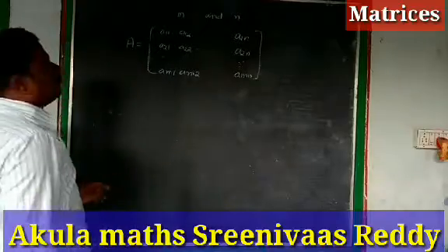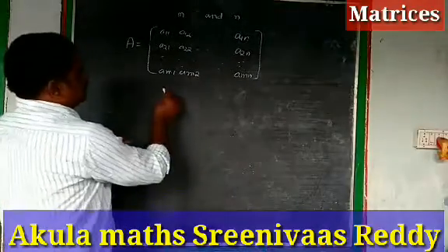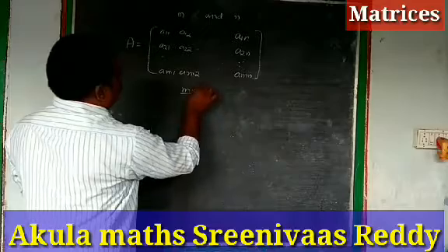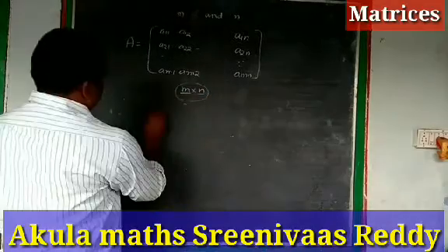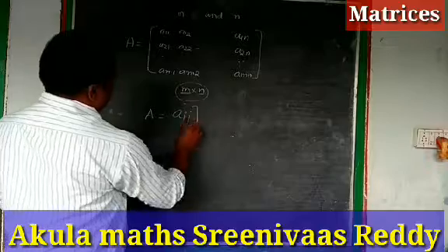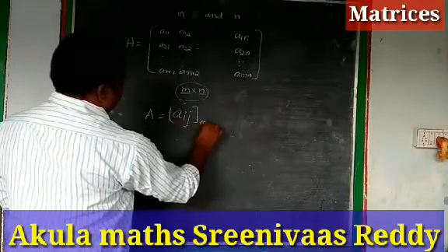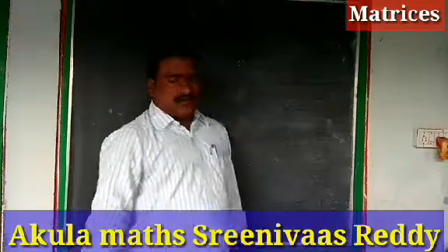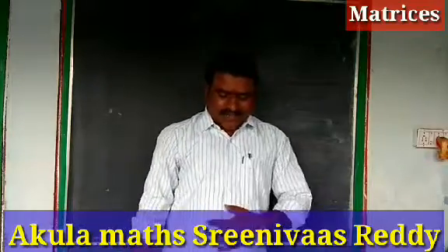This is a matrix of order m by n, that means m rows and n columns. The above matrix can be simply written as A equals a_ij, m by n.